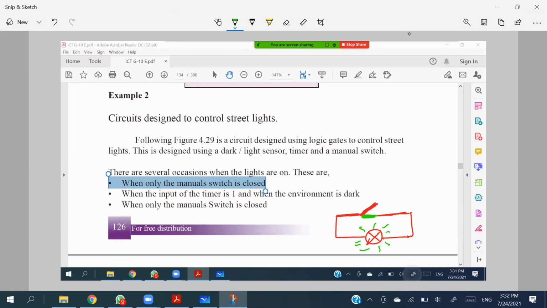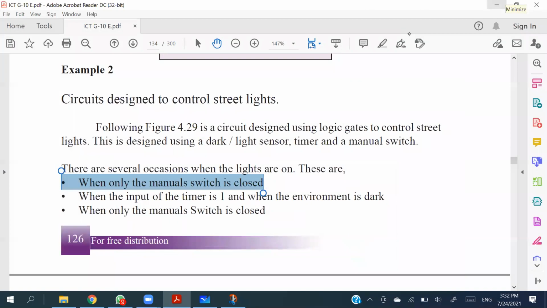Otherwise, they say, when the input of the timer is 1 and when the environment is dark. So it has 3 inputs. The switch is going to be 1 input, the timing is going to be another input, and the environment sensor, or the dark light sensor, is going to be another input.